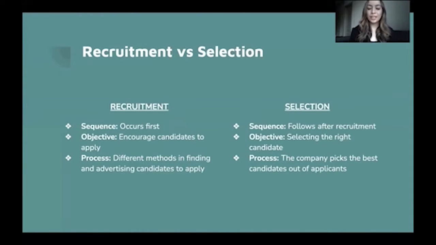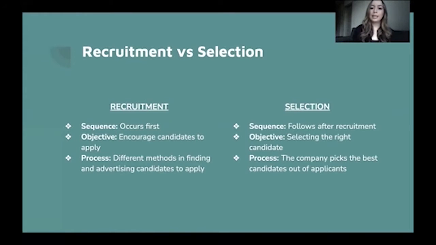All right, so to start this presentation, I want to make sure we all know the differences between recruitment and selection. So recruitment is going to be the first step before the whole selection process can happen. The objective and process of recruiting is to encourage candidates to apply to the specific organization or company. To do that, there are different methods recruiters can use.